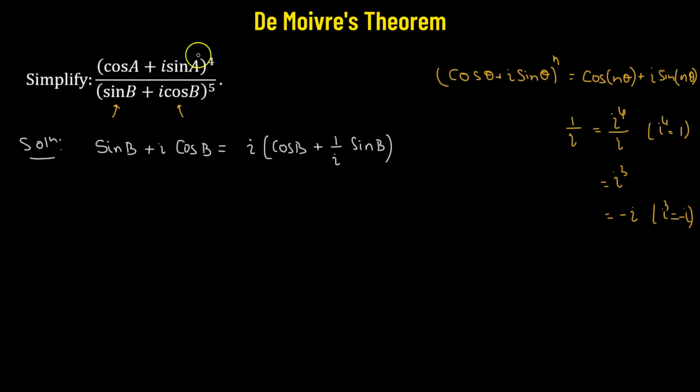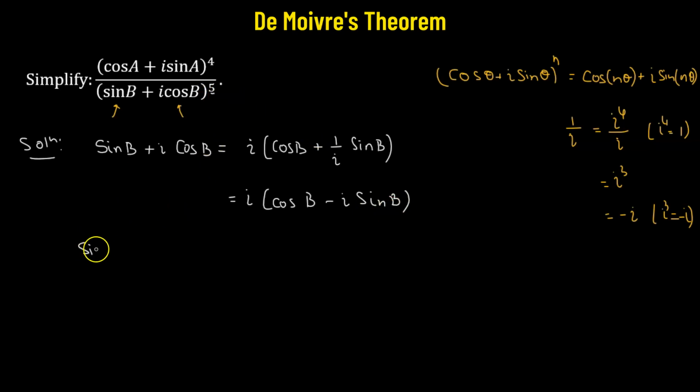So our expression now becomes iota multiplied to cosine of b minus iota times sine b. So we can represent sine b plus iota times cosine b as iota multiplied to cosine of b minus iota times sine b. Now this is raised to the power of 5.